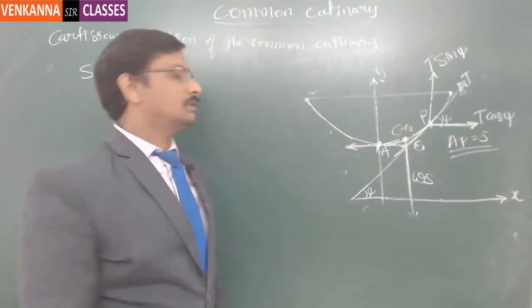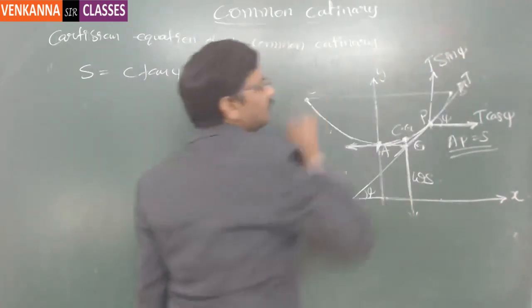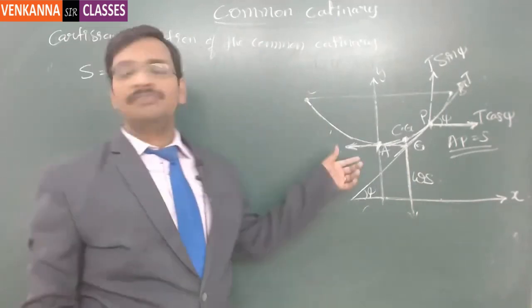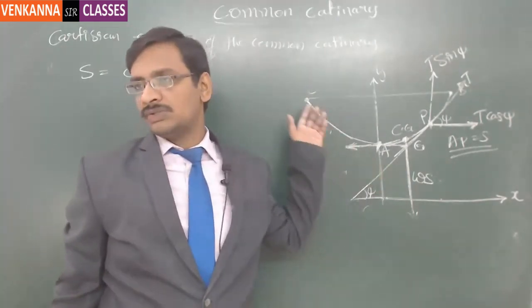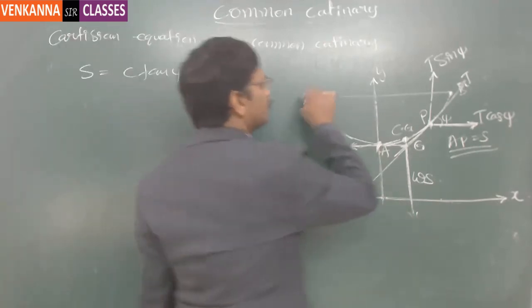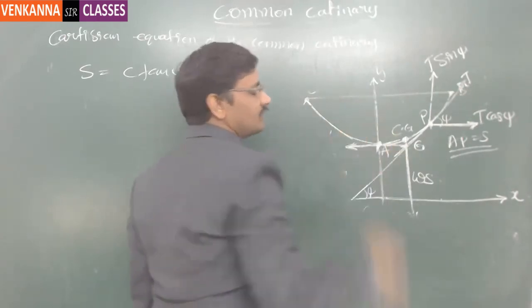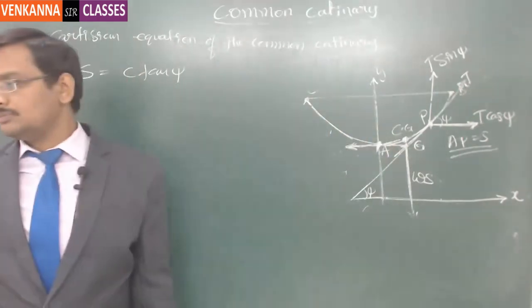Suppose B is at a higher point than C, then A may not be at the center, right? So when we deal with the common catenary, we deal only with cases where these two are at equal height. In such a case, A will always be under the midpoint. Got it?